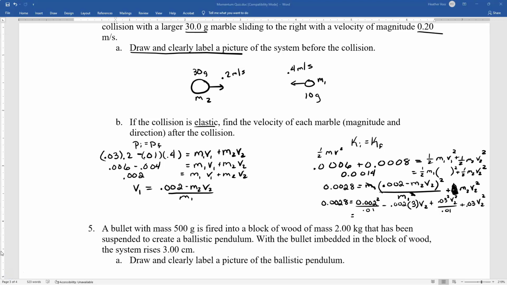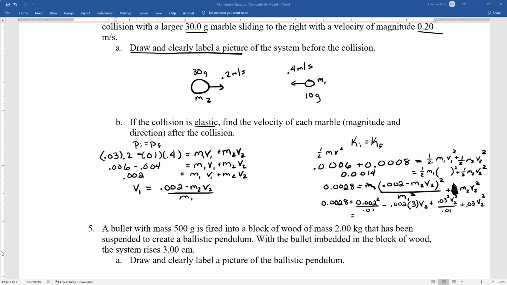Okay, so I am quickly running out of space here. So I've got that this number is going to equal this 0.002 quantity squared divided by mass 1. Then as I FOIL this, I'm going to have 0.002 times mass 2 divided by mass 1. They're a factor of 3 different, so that's where that 3 comes from.